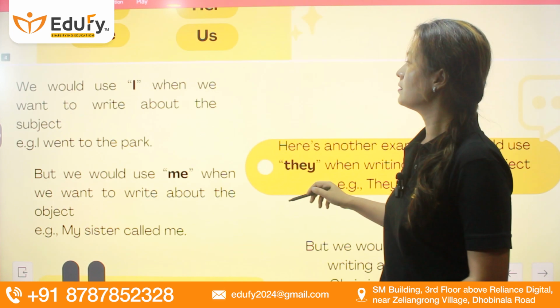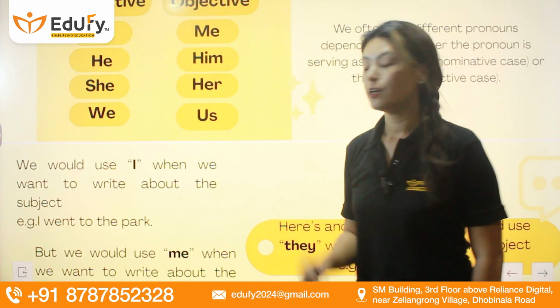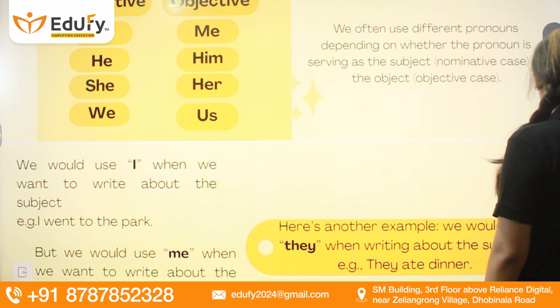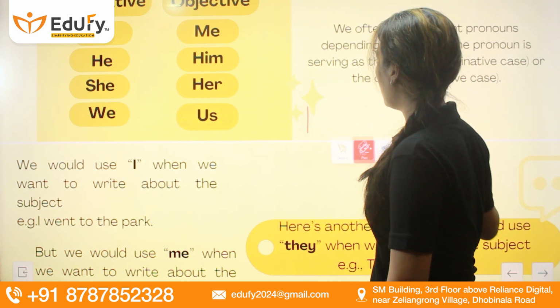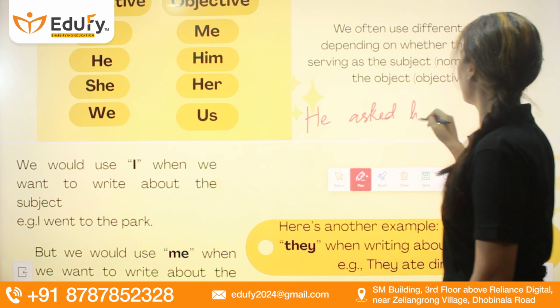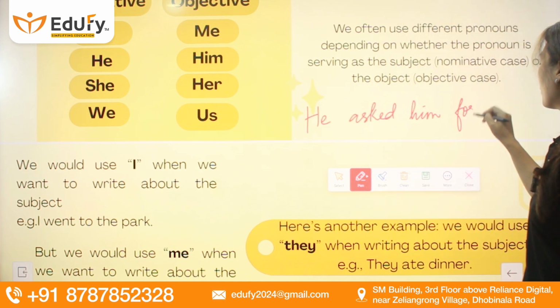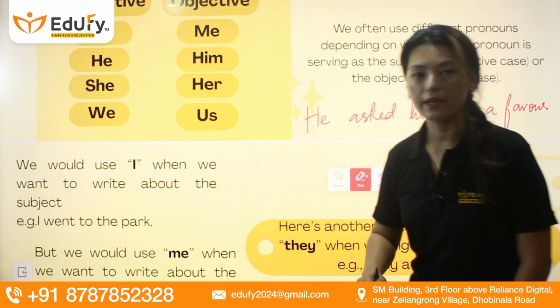So if you look at this table also, he, if you're writing about a friend, let's say, he asked him for a favor. This is correct, right?